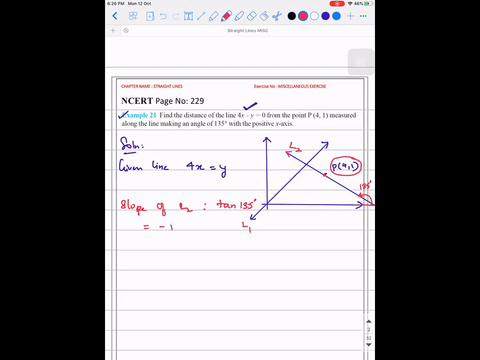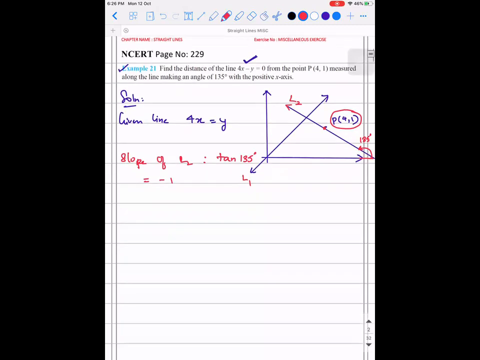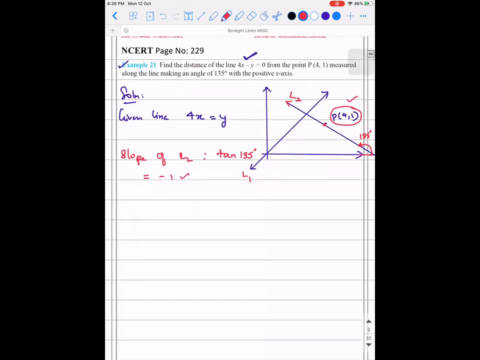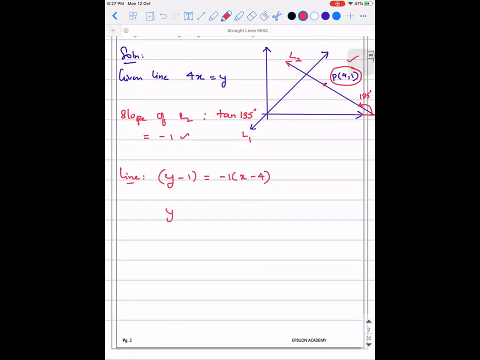So the slope of L2 is -1. Accepted? So you know the slope, you know the point. So what will be the line? y - y1 = m(x - x1). So y - 1 = -(x - 4), which implies x + y = 5.